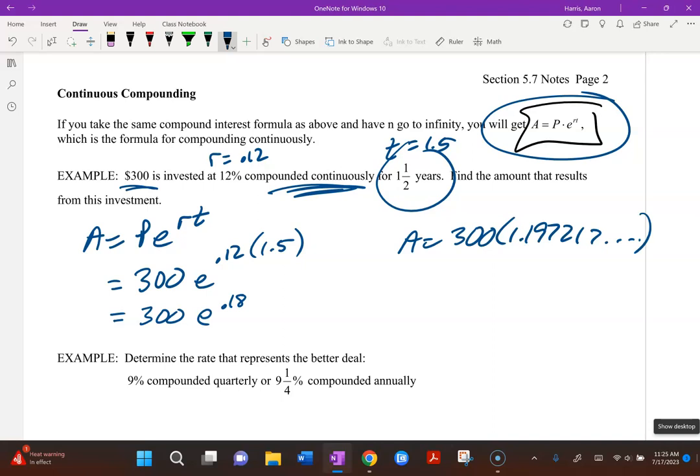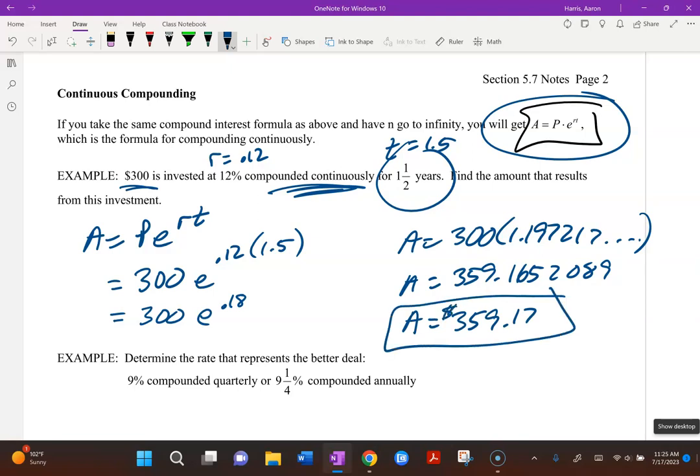And then I multiply by 300. And I get $359.1652089. So $359.17 for continual compounding, continuous compounding. Okay?